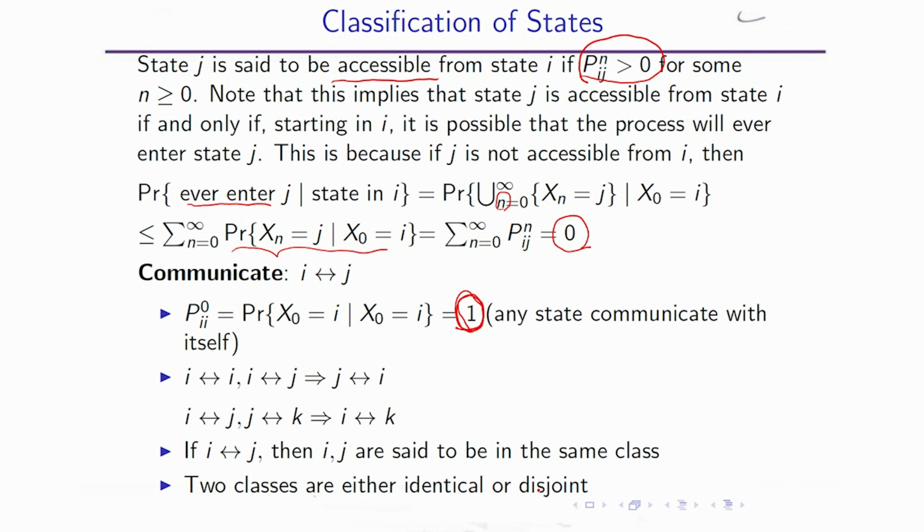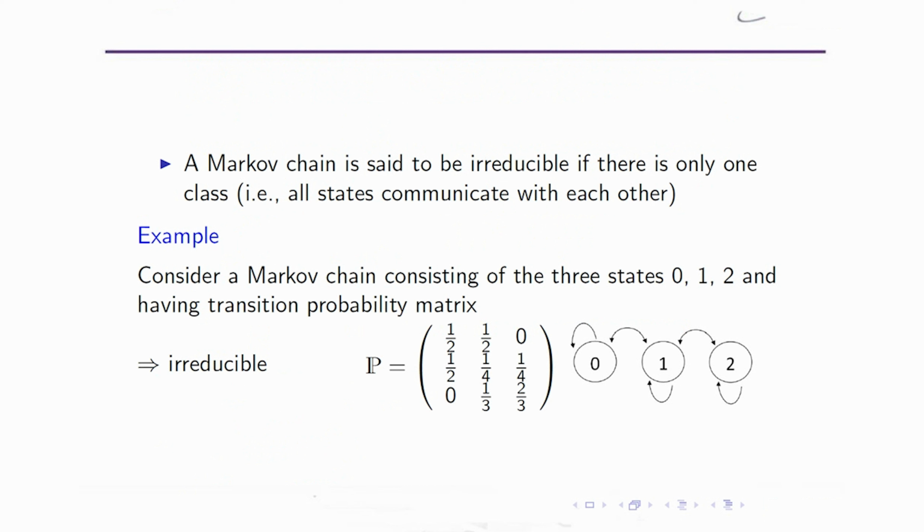So if some states are in the same class, all the states in that class can communicate with each other. A Markov chain is said to be irreducible if there is only one class, which means all states communicate with each other.